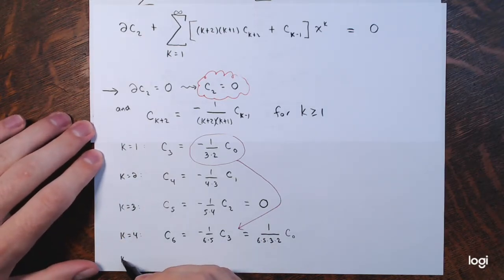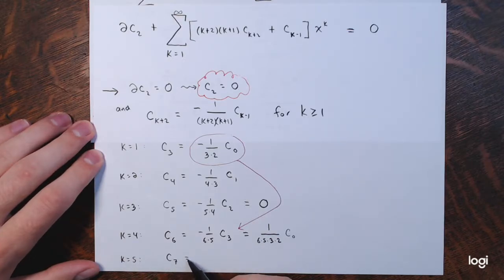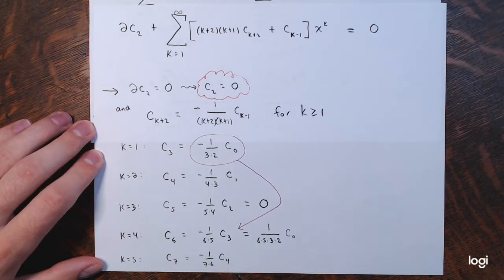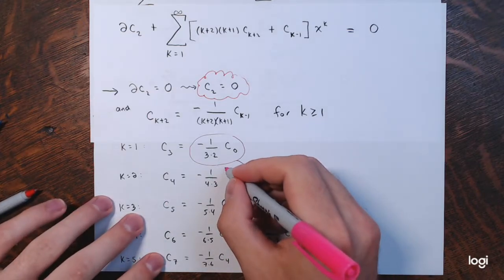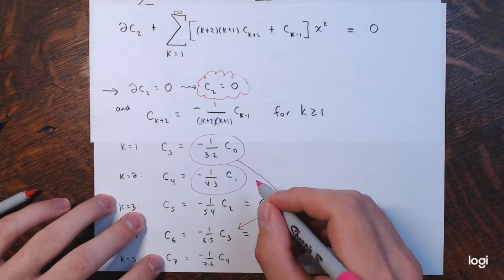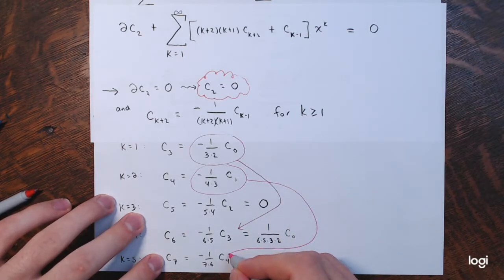All right, then when k equals 5, we have c sub 7 equals negative 1 over 7 times 6 times c4. But again, c4 we know the value of. We have an expression for that from earlier. Here's c4, so I'll put that in here.